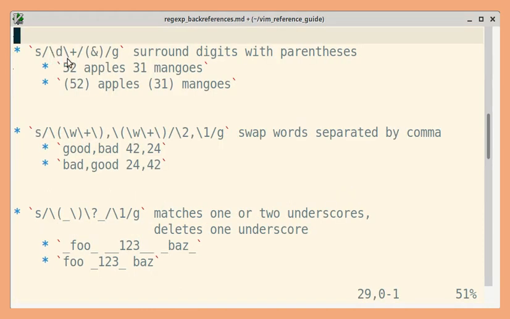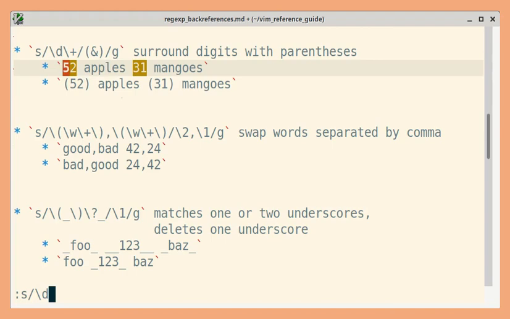Next, let's see an example of referring to the entire matched portion. In this case, we don't have to specify a capture group. Suppose we want to surround numbers with parentheses. To match 1 or more digits, you can use \d and the plus quantifier.